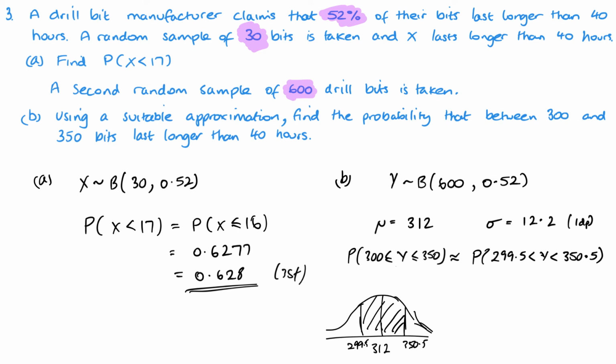So this is what we're trying to find. And you've got a couple of options here. What I would probably do is find just this half, so the 350 and less, and then take away 0.5 from it, and then the positive value of Z for the 299.5 and take away a half from it. In fact, let's do that now. I'll do it a little bit speeded up though.